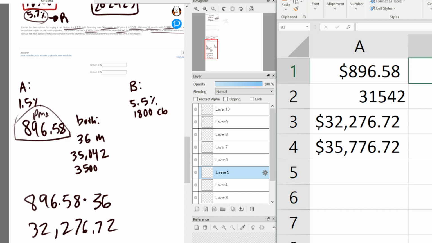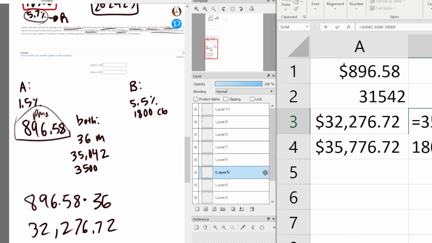Now, for option B, we'll be doing sort of the same thing. First, again, we need to find how much we're taking out for our down payment. We have 35,000, well, let me put in equals, so 35,042, and we will minus 3,500, and we'll also minus 1,800.